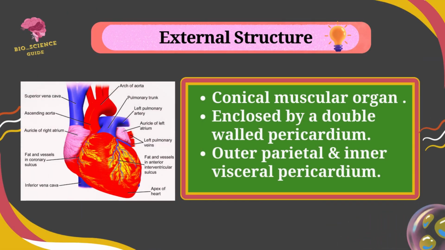External structure of the human heart. It is a conical muscular organ which is enclosed by a double-walled pericardium. The outer layer of pericardium is called parietal pericardium and the inner layer is called visceral pericardium.